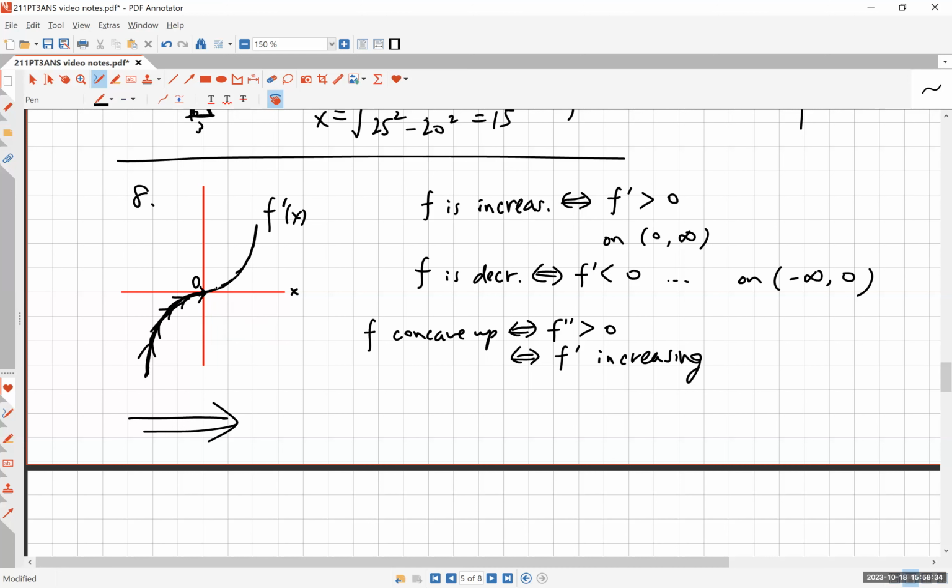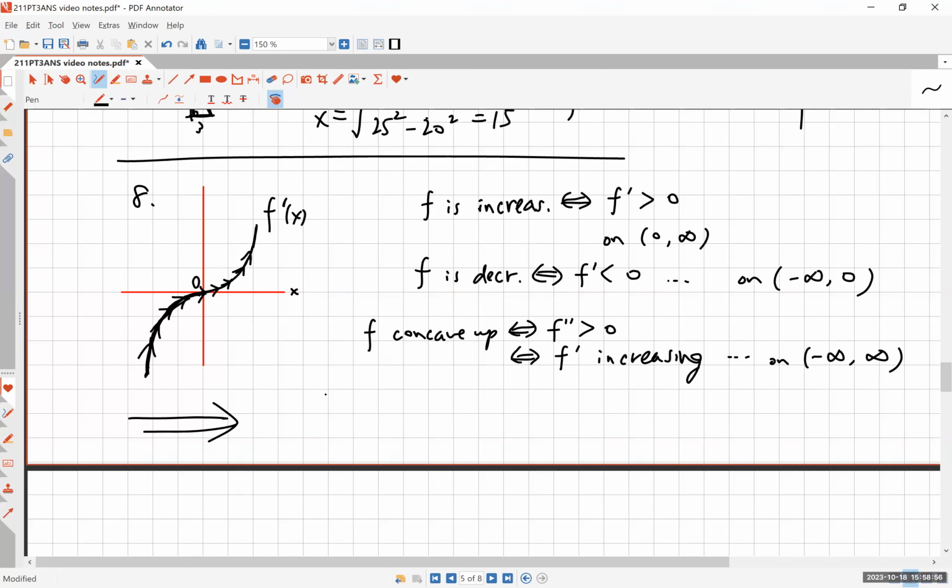The derivative is 0 at one single point, and then increasing. So this is actually on the entire line from negative to positive infinity. The original function f must be concave up everywhere, because the derivative is always increasing. And so that's a tricky part. Now, what does the graph look like then?